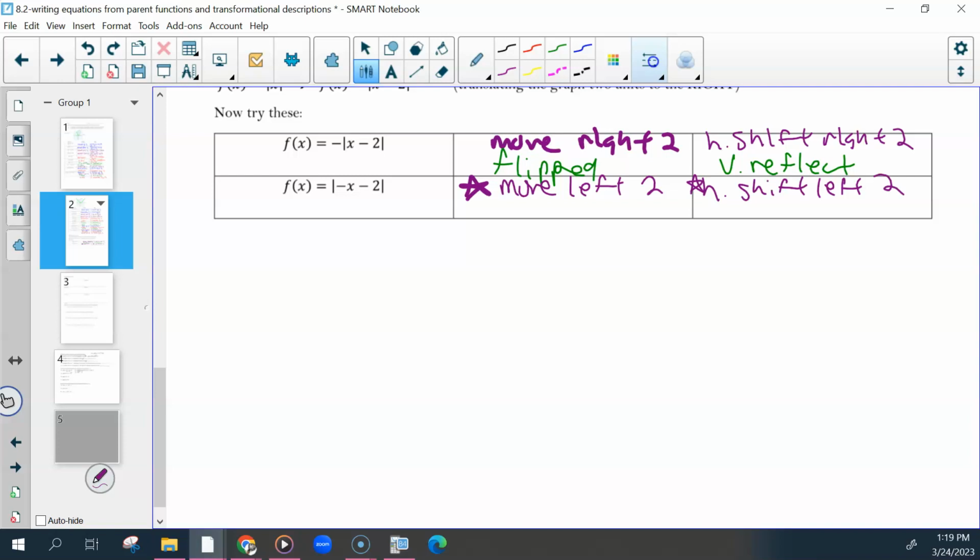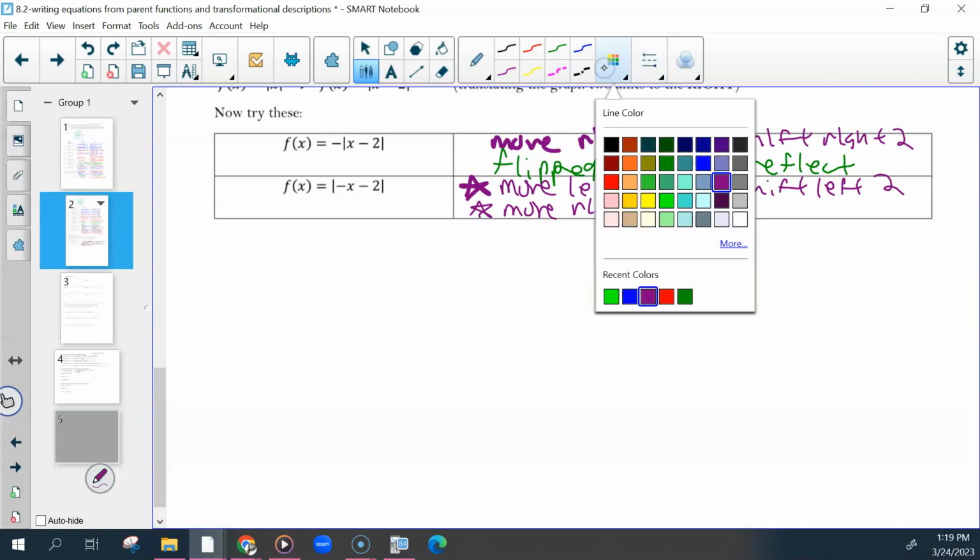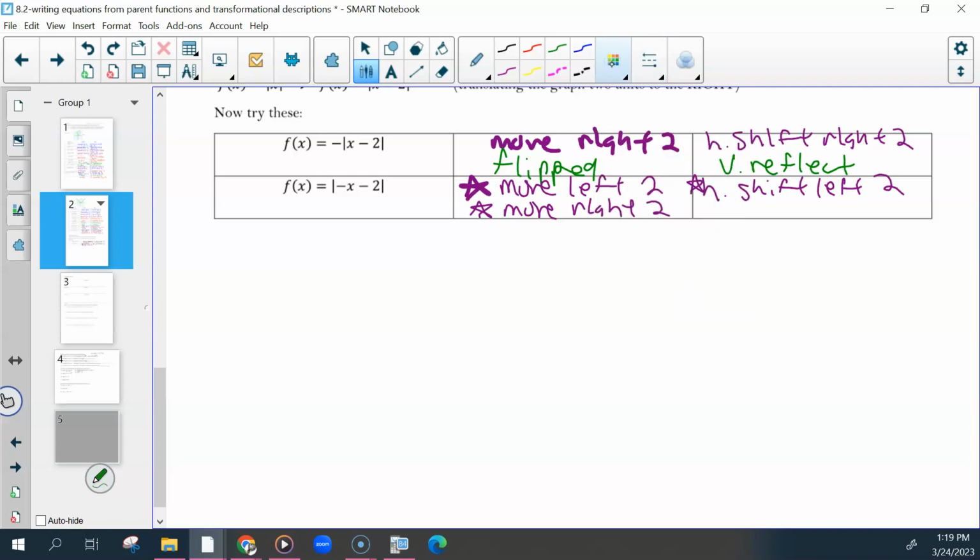But then it actually moved to the right 2. And the change doesn't look like it did anything but, I'm sorry, it would have to be horizontally reflected. So how you want to say that is if you flip over the y-axis, flip to the other side, something like that.